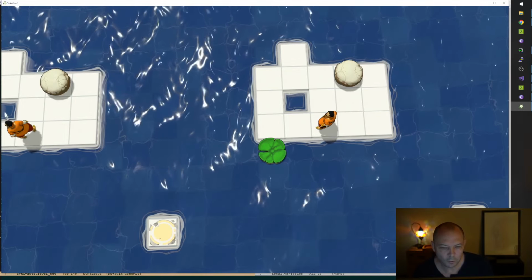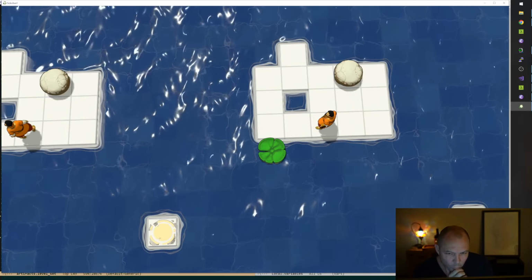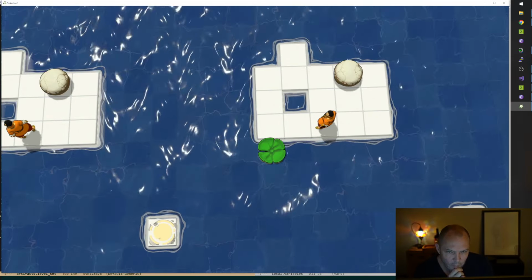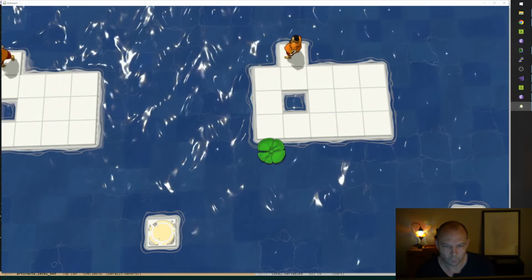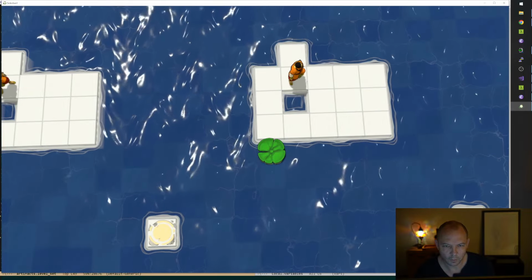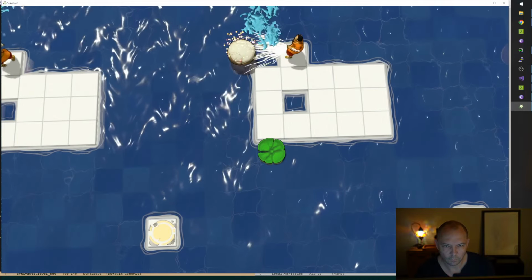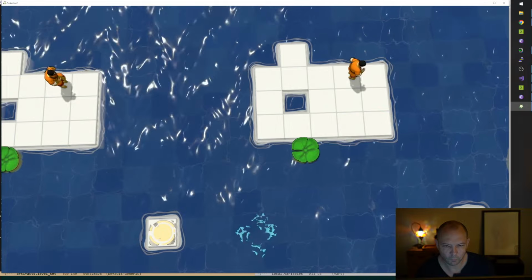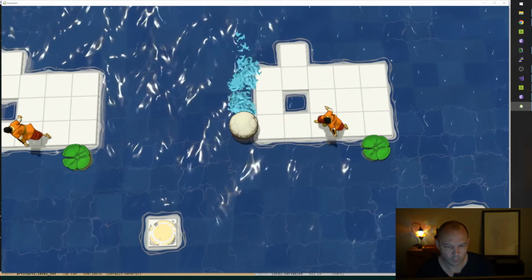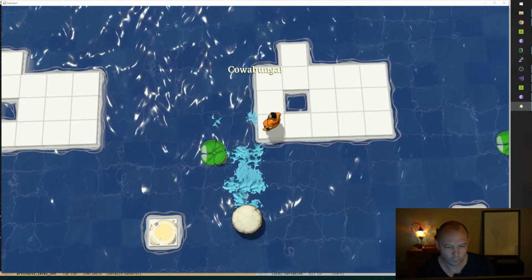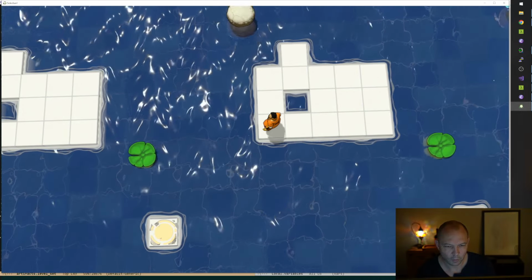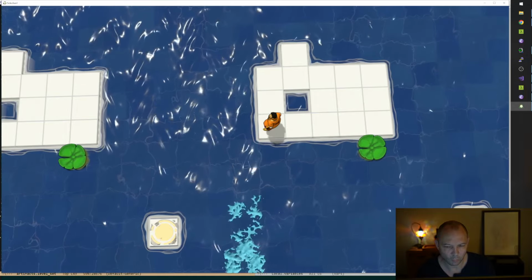So I have to get the lily moving, which is easy. We just do this. We just don't have enough warning, because all right, so now I got to get the stone back in some way.